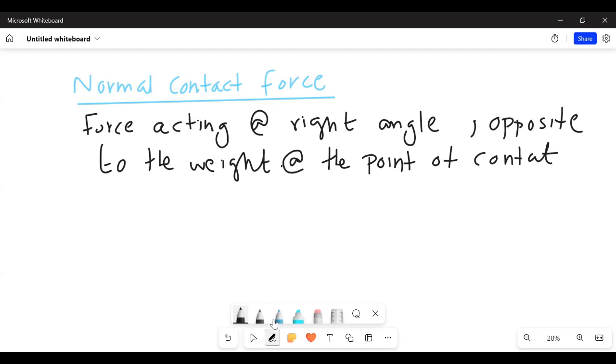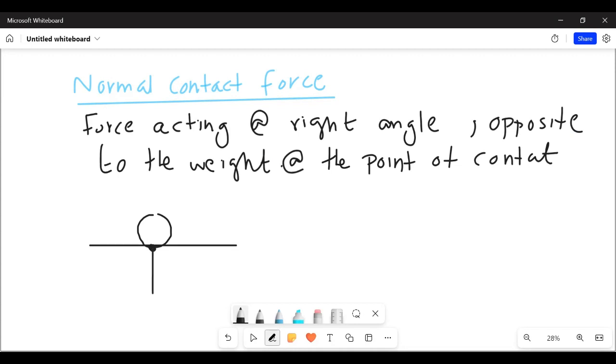Okay. So let's say here's a particle which is touching the ground, making this the point of contact and this the weight, mg. So then the normal contact force would be acting perpendicular, in the direction opposite to the weight at the point of contact.